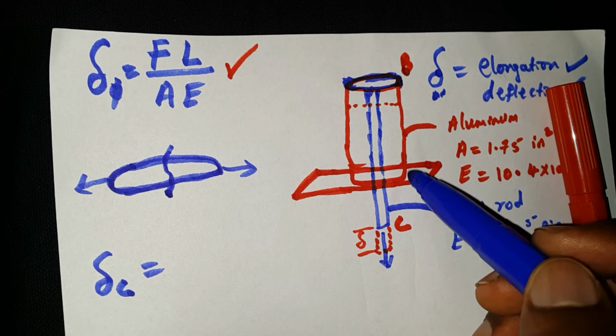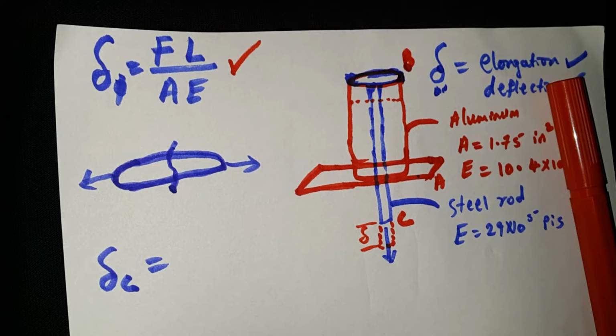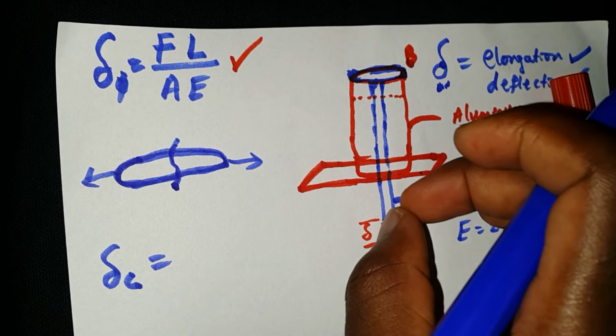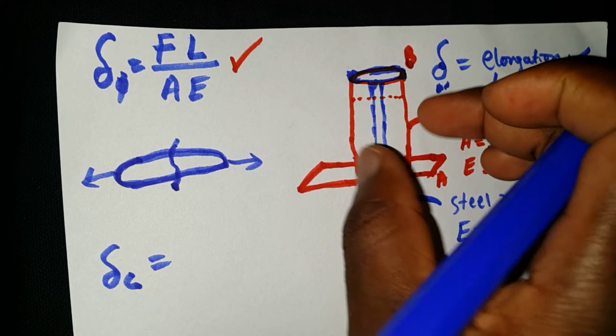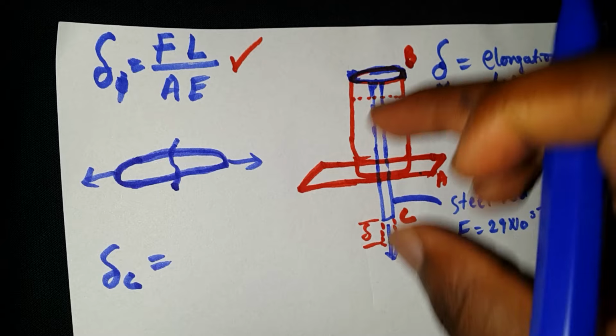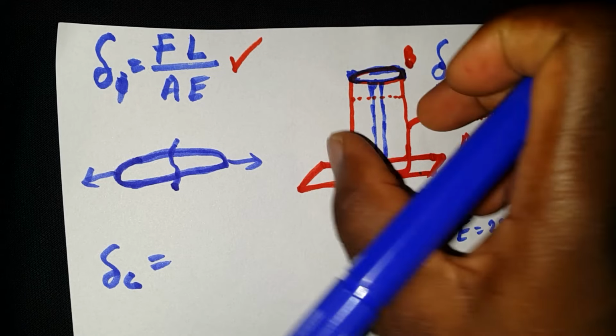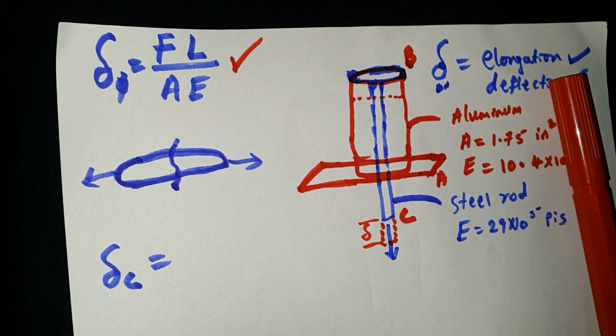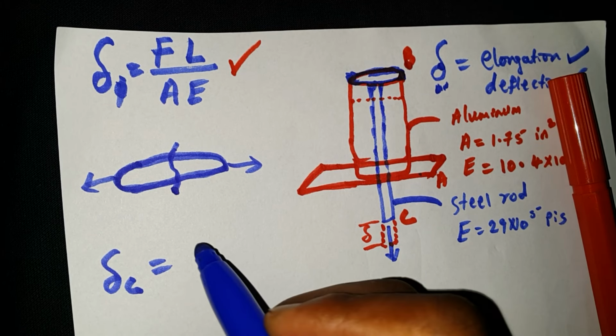So what do we do? We analyze this one after the other, each by each. You analyze each of these, the cylindrical part and the rod. You find the elongation of this cylinder and the elongation of this rod, then add them together. Let's try to do that.